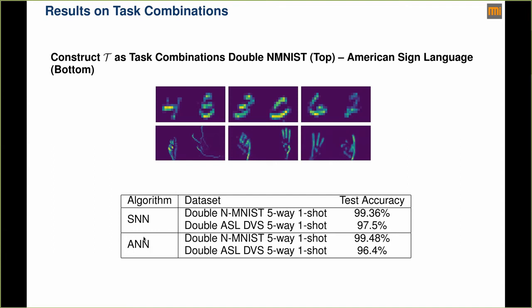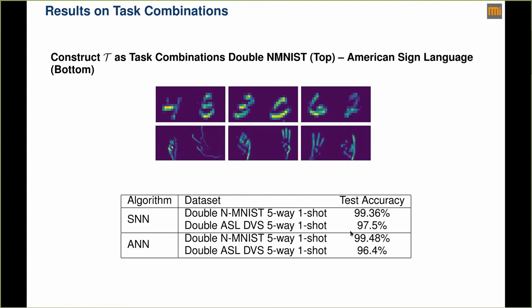So just to quickly summarize this slide, what we're doing here is one-shot learning. We're showing one sequence, one spike train, corresponding to these two combinations of images. We're trying to classify 1 out of 5 different classes.